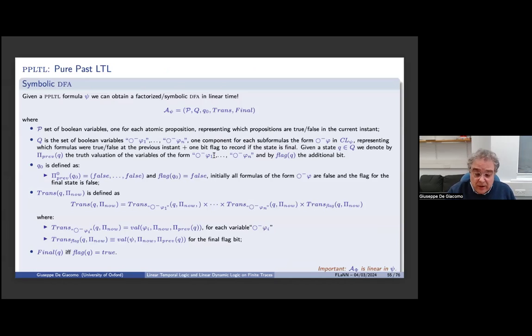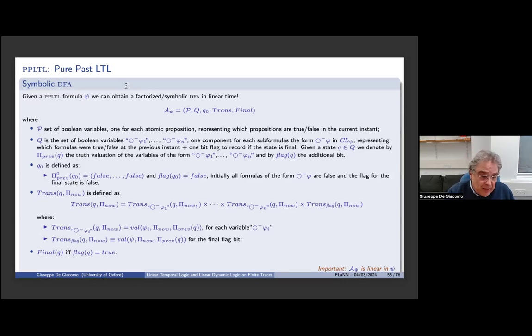I can show you here in this single slide a symbolic version of an automaton, a factorized version of the DFA that is obtained in linear time with respect to the formula. Obviously it's a factorized version, so when you expand it, you're going to have an exponential space of states. But if you consider it factorized in components, you can have it in a very, very compact form.